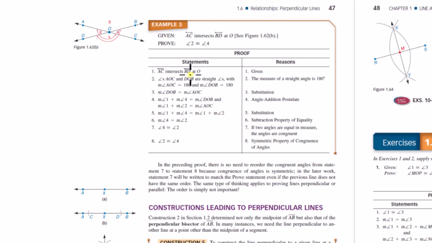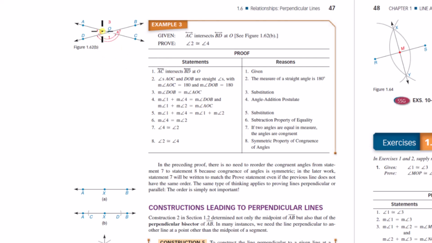We're given this, and as a consequence, we have these straight angles. Then, with the angle addition postulate, the measure of angle 1 plus the measure of angle 4 is equal to the measure of angle DOB, and the measure of angle 1 plus the measure of angle 2 is equal to the measure of angle AOC.